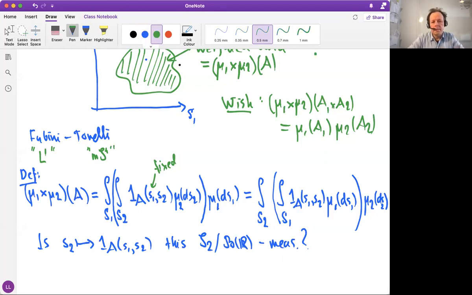And same thing, of course, is in the second integral. Here we think that S2 is fixed. And in this side, we could think that, okay, it's a function of S1 only.